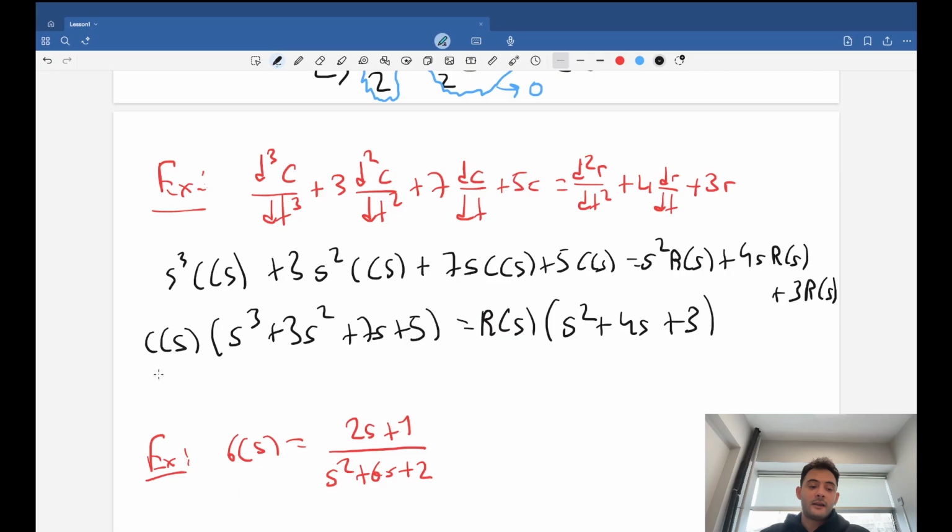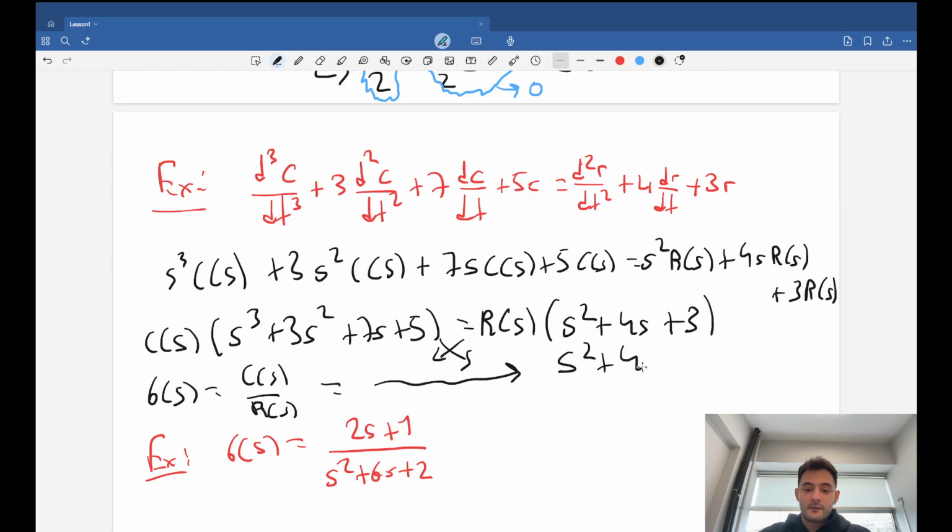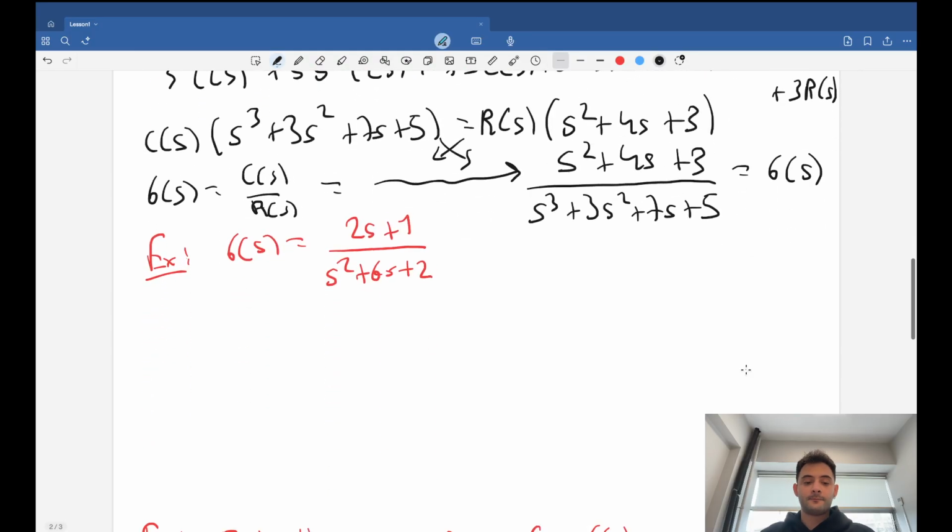Lastly, we will find our G(s), which is C(s) over R(s), right? So it's going to be easy. Just take this down, and let me write it here. s squared plus 4s plus 3 over s cubed plus 2 s squared plus 7s plus 5. This is G(s).